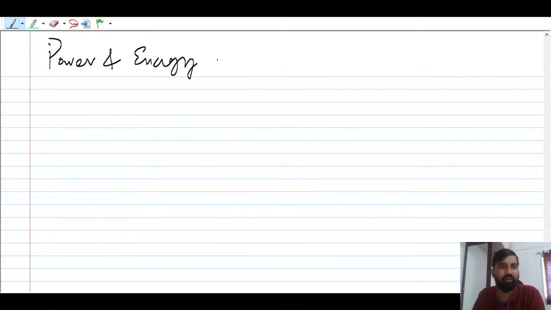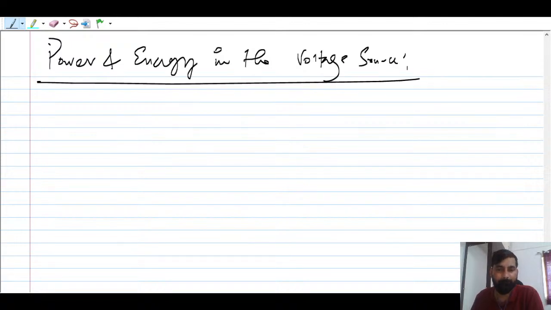Now we'll talk about the power and energy in the voltage source. Suppose we have a voltage source V naught, and the current flowing is I naught.